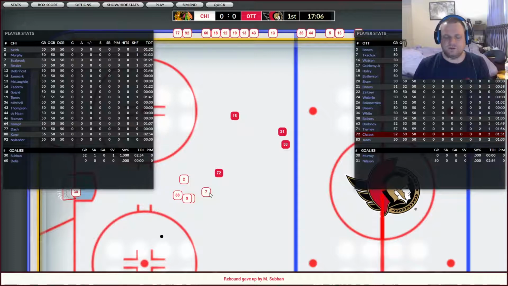Well, if you were to do that, he would be ejected from the game, but that principle is the same. That would be a 5-minute power play for Chicago. Chicago can score 7 times on that 5 minutes if they want, if they can. That penalty does not expire. It's a full 5 minutes, and the team getting the 5-minute power play can go ahead and score as many times as they want.